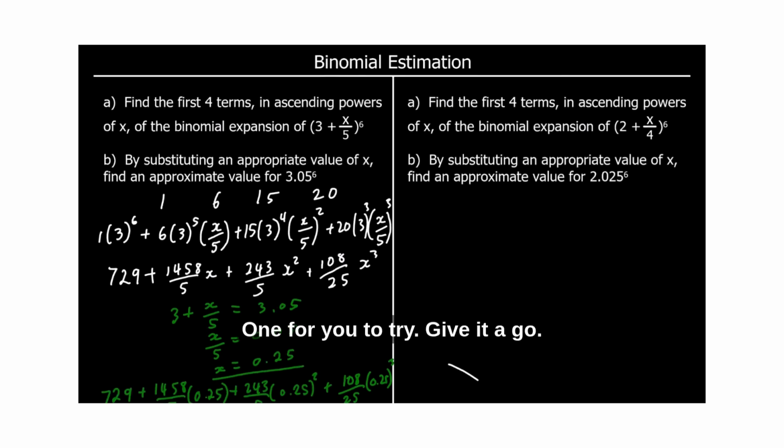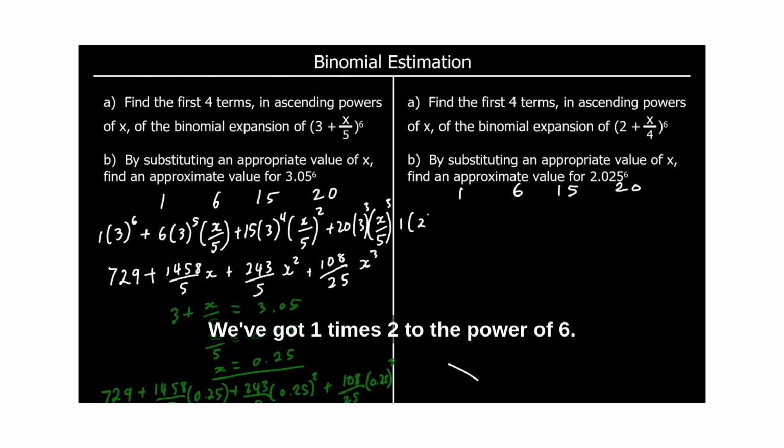One for you to try. Give it a go. Find the first 4 terms in ascending powers of x of the binomial expansion of (2 plus x over 4) to the power of 6. So again, line 6, 1, 6, 15, 20.